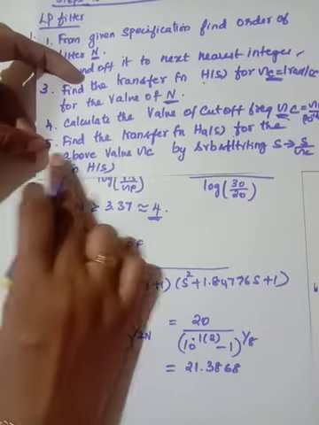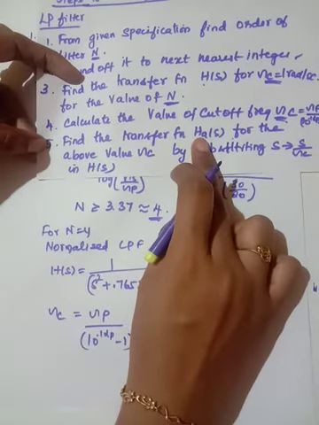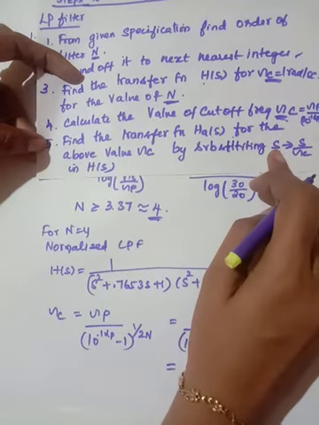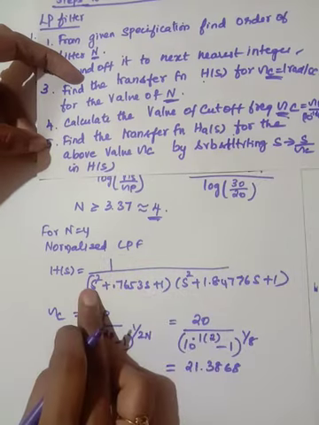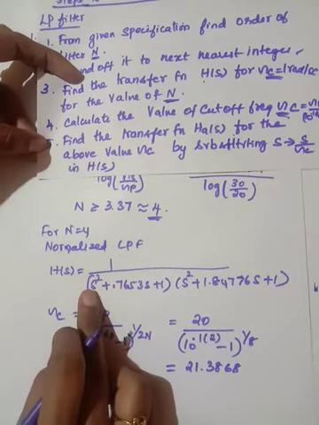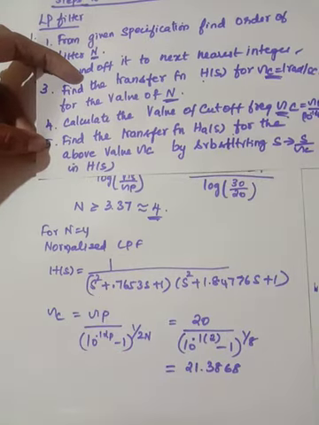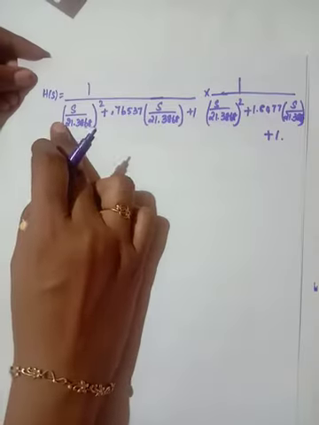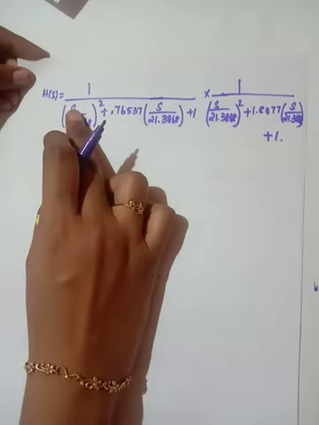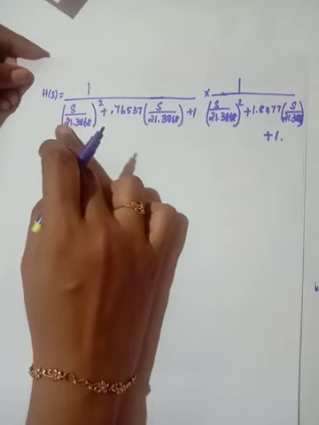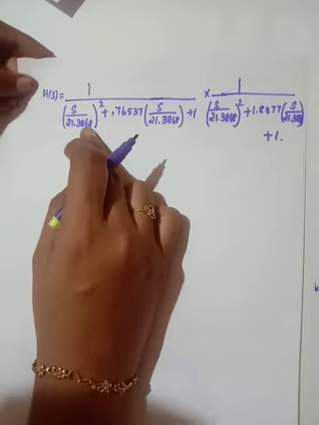The next step is to find H a of s for this cutoff frequency. How do we obtain this? By substituting s equal to s by ohm c wherever you have s. Here ohm c, which we derived, is 21.38.